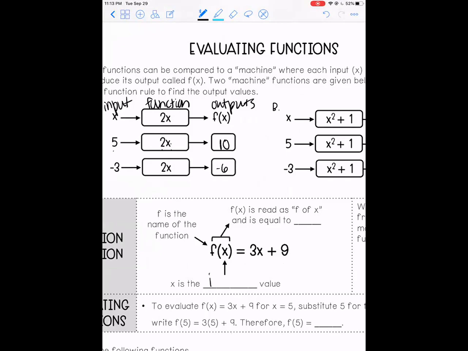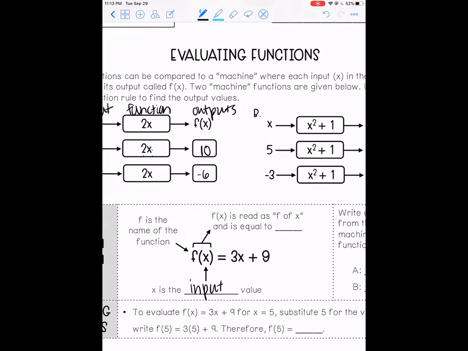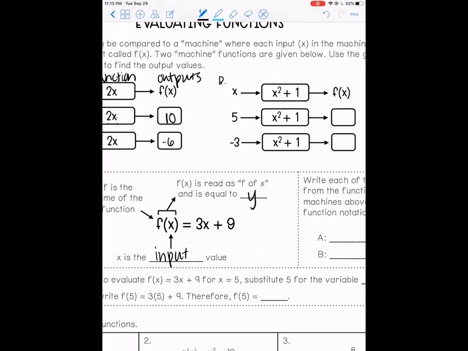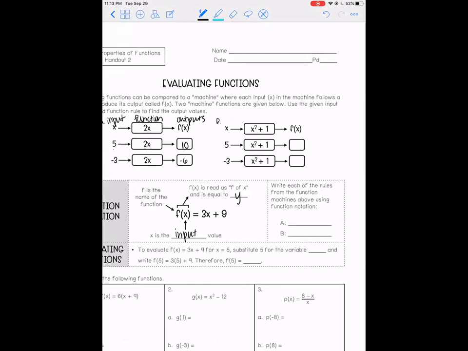x is the input value, and f of x is read as f of x and is equal to y. It's saying the same thing as our output value. Looking at A up there, we're going to write the rule of the function in function notation. We know that the name of it is f of x.